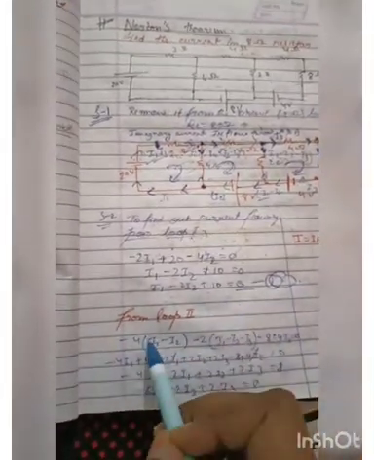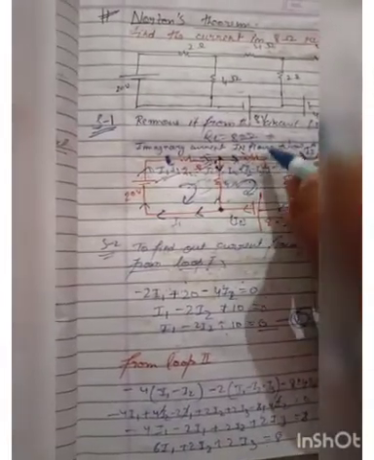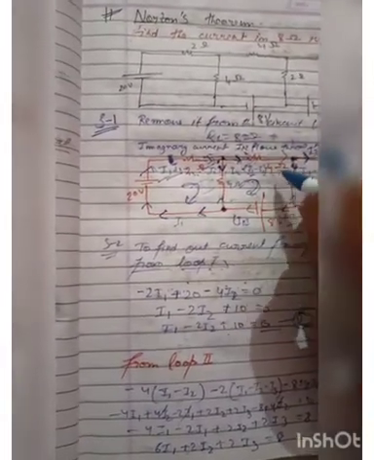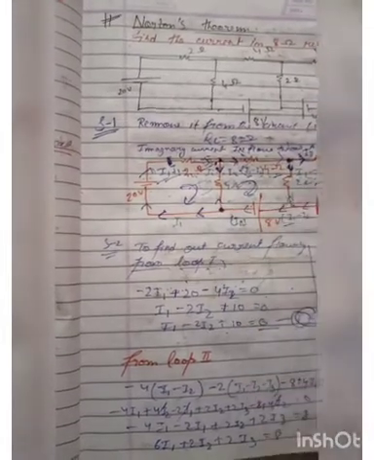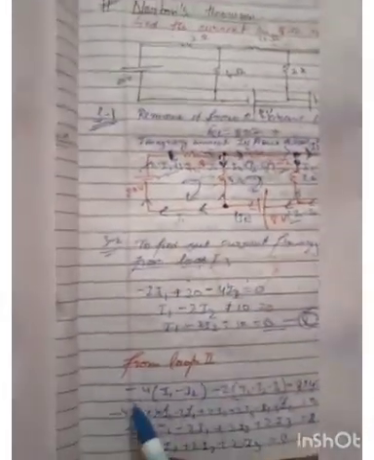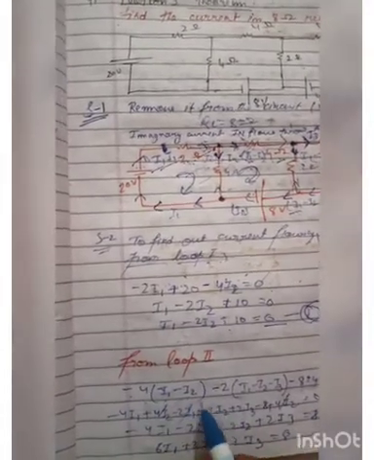Now for loop second. In loop second, the current I1 minus I2 is flowing through the 4 ohm resistor, so we use a negative sign, that is minus 4 times (I1 minus I2).